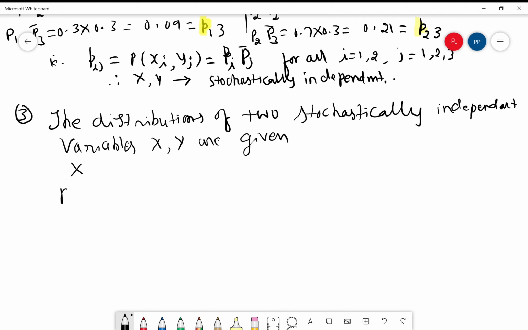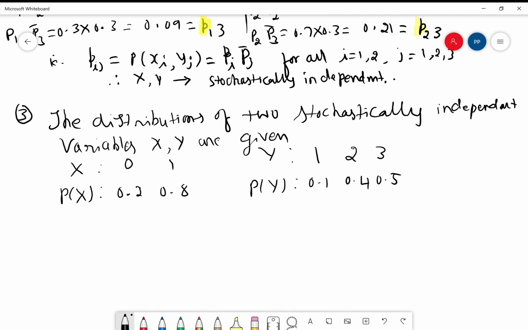X, p of x: values of x are 0, 1, with probabilities 0.2, 0.8. Y, p of y: y takes values 1, 2, 3, with probabilities 0.1, 0.4, 0.5.